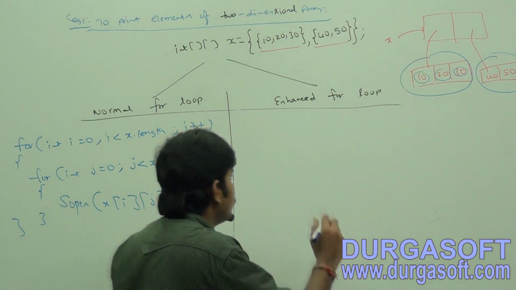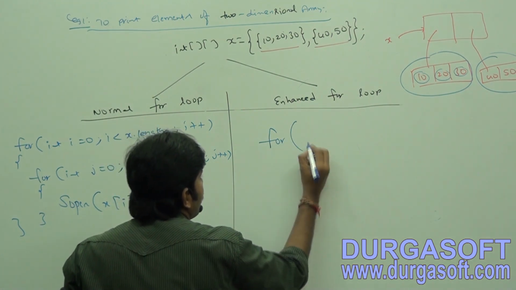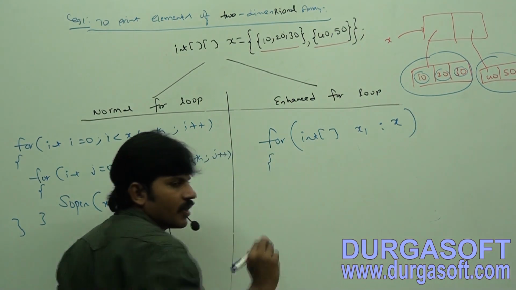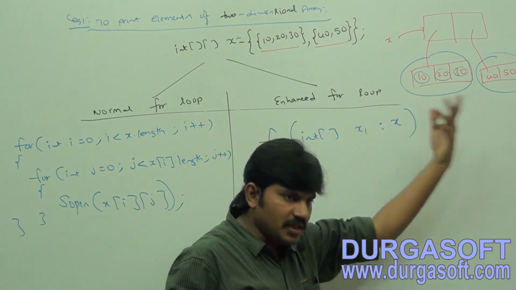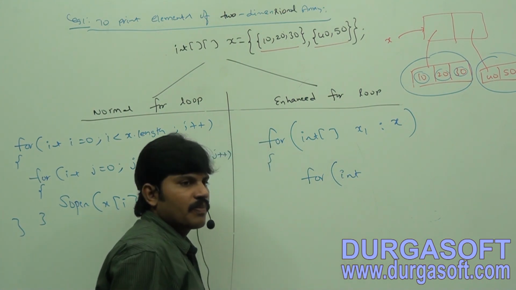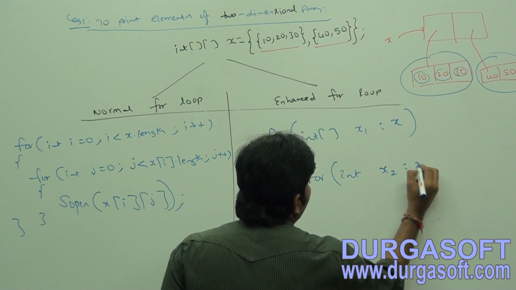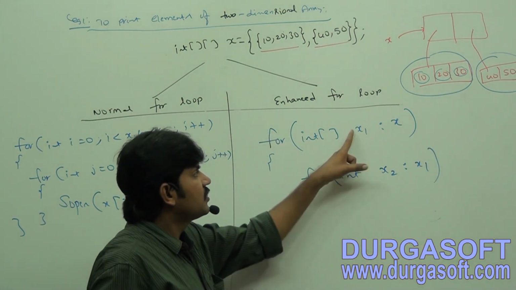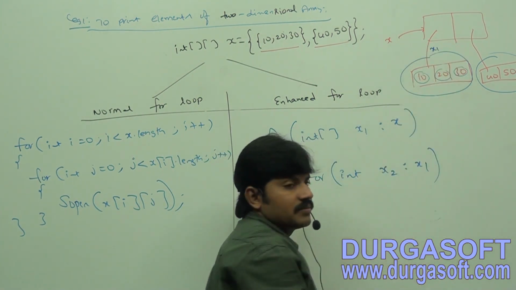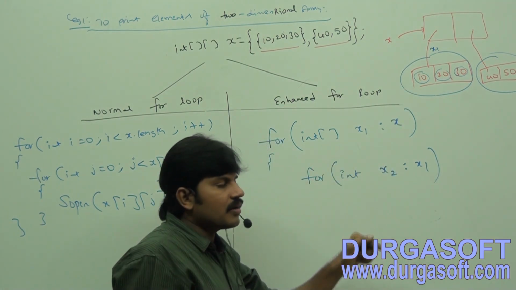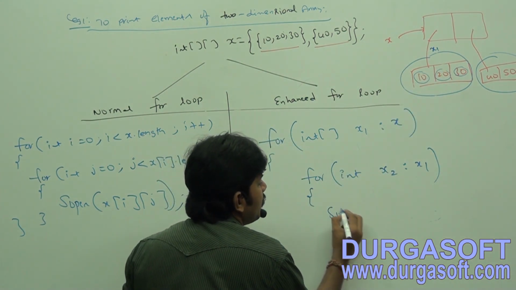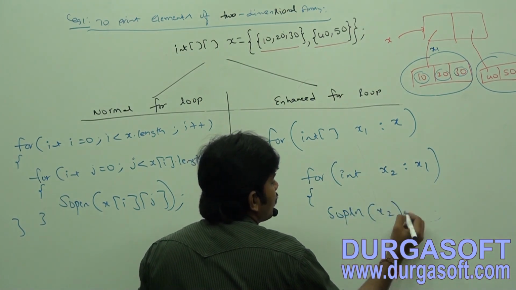Now can you spell out: for each one-dimensional array x1 in x, for each int value x2 in x1, System.out.println(x2).